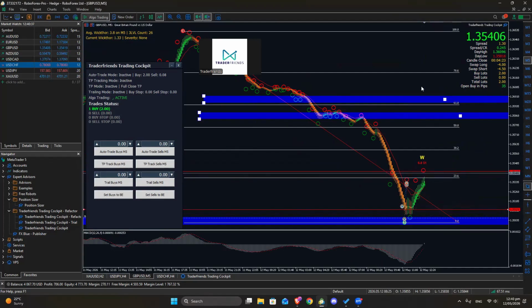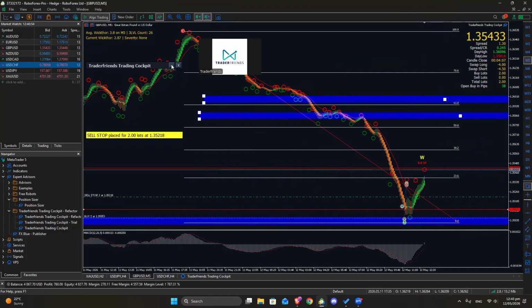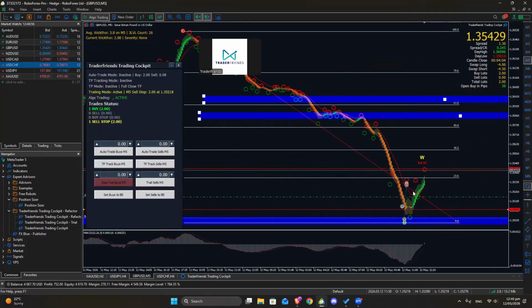It's going to go higher and higher, with the rally up. But if we see a spike down, then obviously it's going to trigger our hedge. So there you go, trail buys, and you can see we have our protective position here.